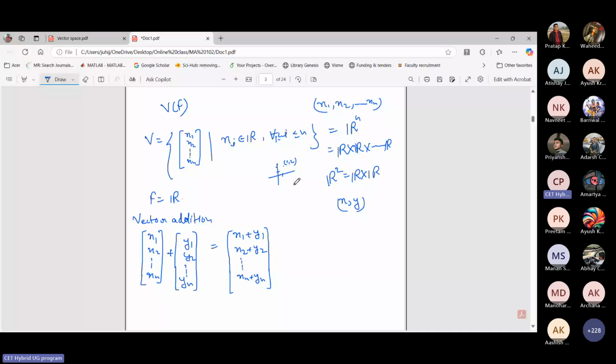But here we will not be more focused on direction or magnitude. Here, whatever will be the elements of this V, we will call those elements vectors. And whatever will be the members of this field F, those will be called scalars. Clear? Okay. How is scalar multiplication defined?